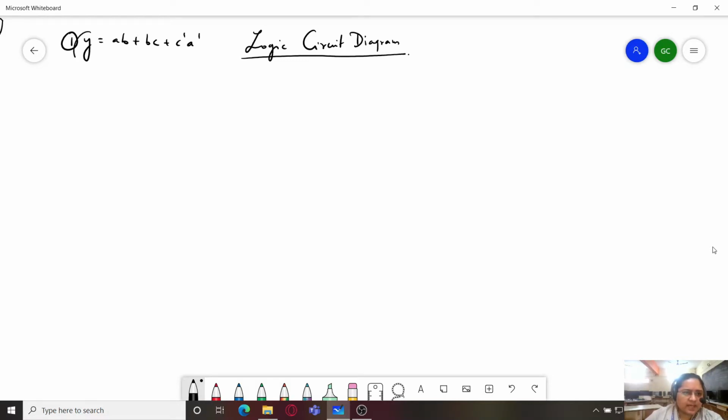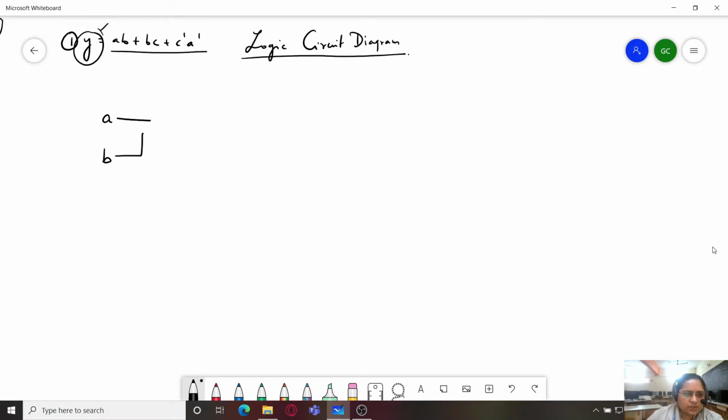So here y is the function, so we don't need to take y into consideration. We will only be considering the expression. We have three variables, so we will start with AB first, A and B, and because A also has a complement, we'll leave it for later.